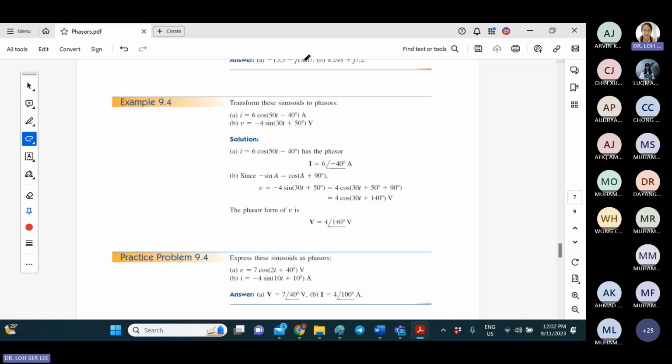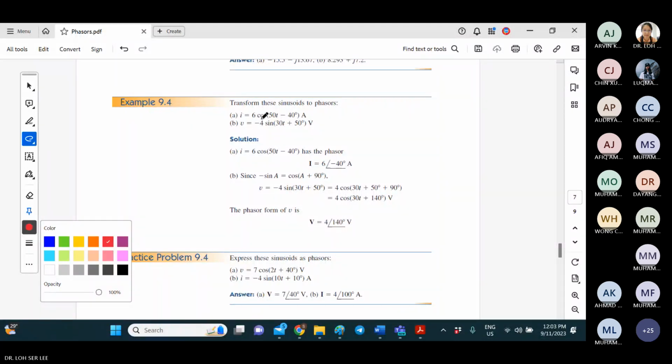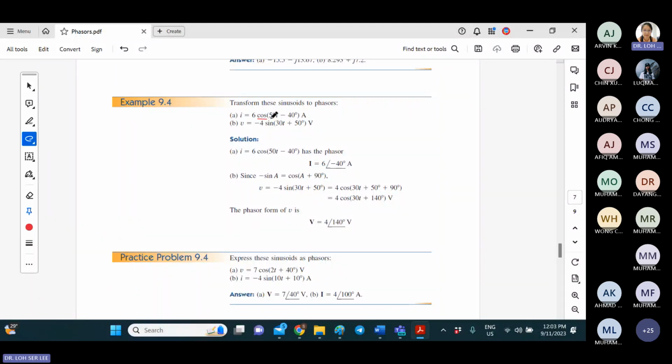And since this is a cos function, this is what we want. So we just take the Vm and also the phi to form this Vm angle phi.